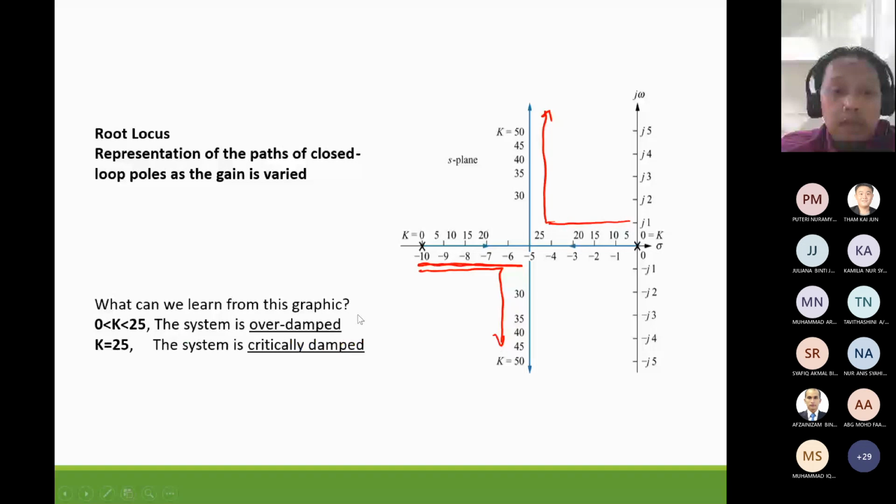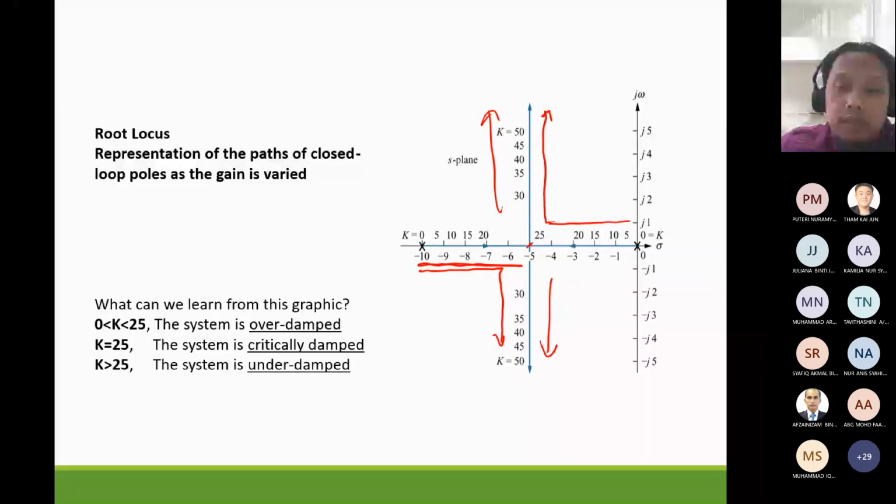When K equals 25, or at this point here, the system is critically damped. And lastly, when K is bigger than 25, or at this point onwards, the system is underdamped. So when you change the value of K, the system behavior also changes. That's what we learn from this.